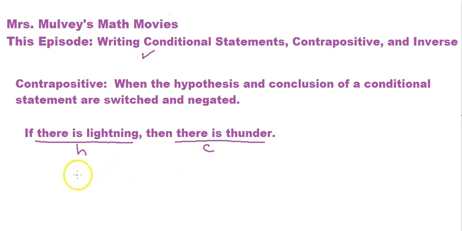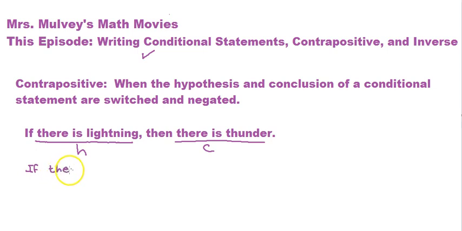For a contrapositive, I switch the hypothesis and conclusion, but I also negate them. In this case, negating it means giving it a not. And so to negate the statement there is thunder, I would say there is not thunder. But remember, I'm also switching the order.